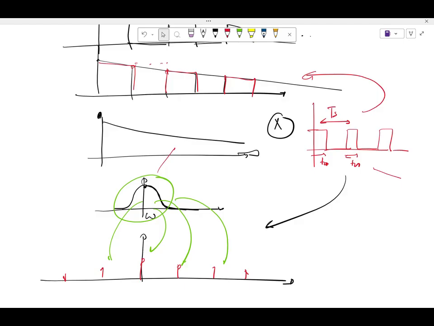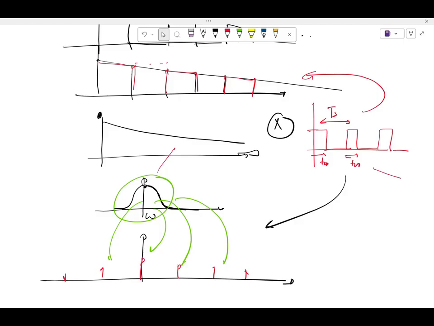Now, if the continuous time Fourier transform is band limited, then the replicas won't overlap with each other, and you are going to get chunks of those replicas everywhere. If they are very wideband, then they are all going to overlap. Then we call it aliasing, and they are going to intermingle. But in this case, if the RC time constant is much higher than T on, then it's band limited for all practical purposes. Hence, it is getting replicated across multiples of omega s. Okay, does that make sense?